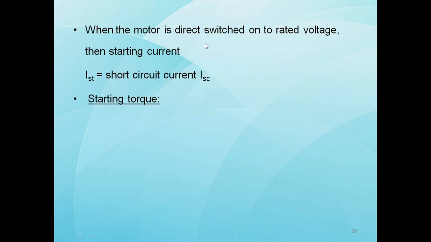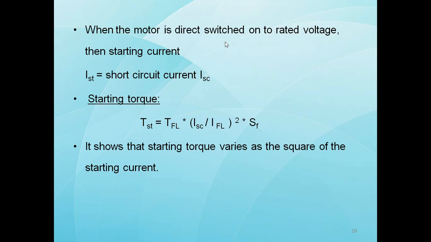When the motor is directly switched on to rated voltage, the starting current is equal to the short circuit current. Then what is the starting torque? Starting torque is equal to full load torque into (Isc by If) whole square into slip.